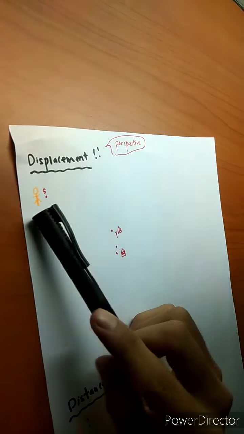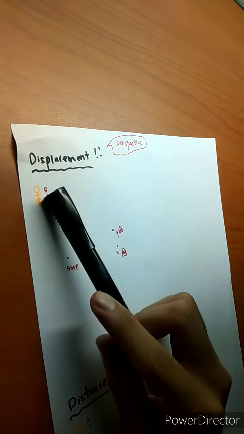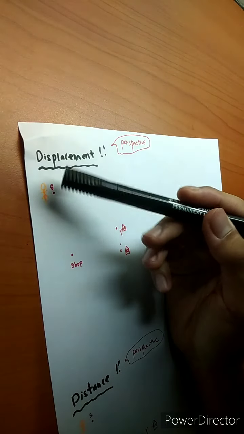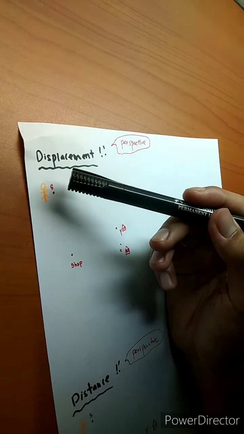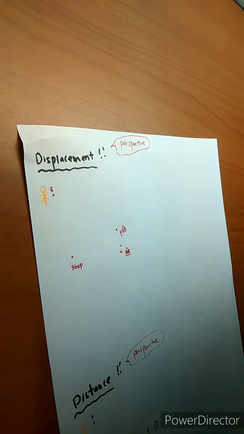So suppose this is me, this is my house, my home, denoted by capital S, which stands for starting point.